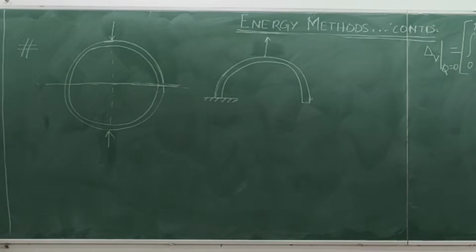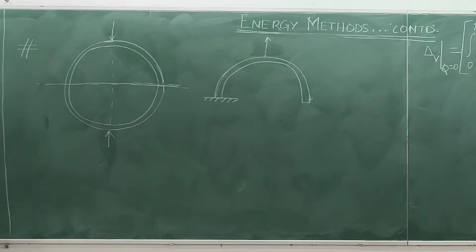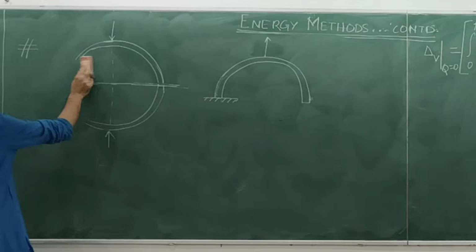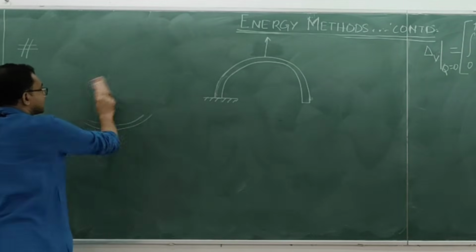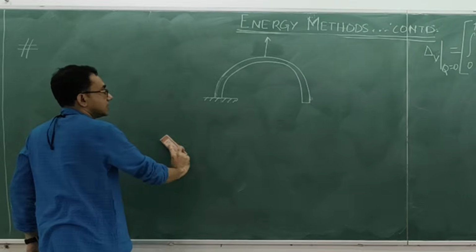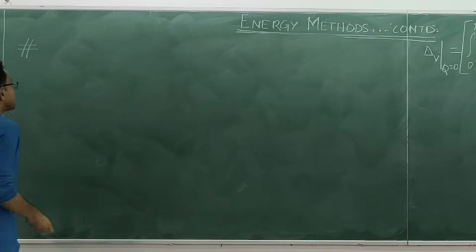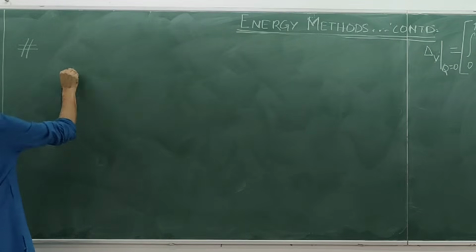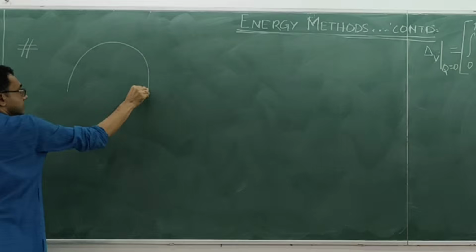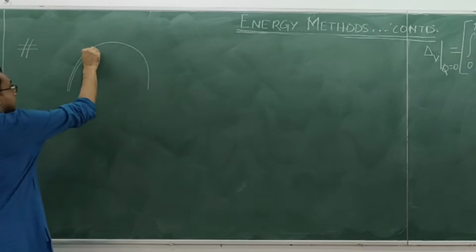All right. I want to have another variation on this. Suppose I have a curved beam which is like this. This is another semicircle.